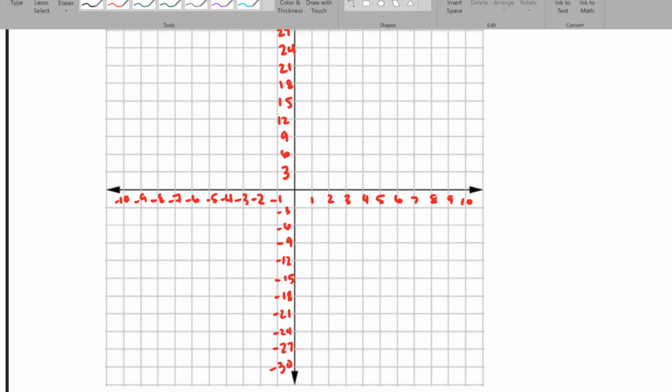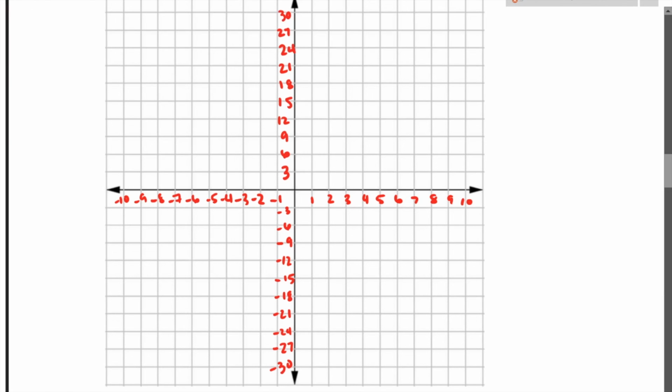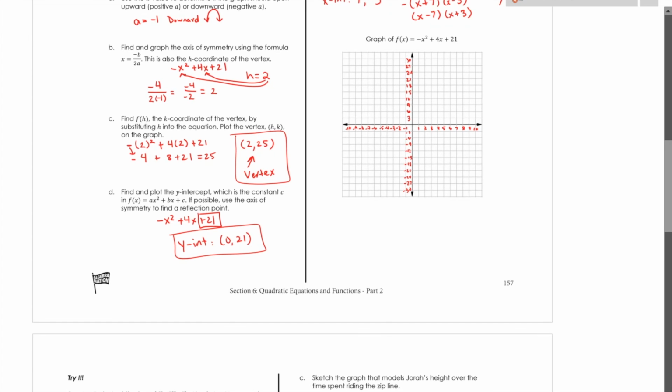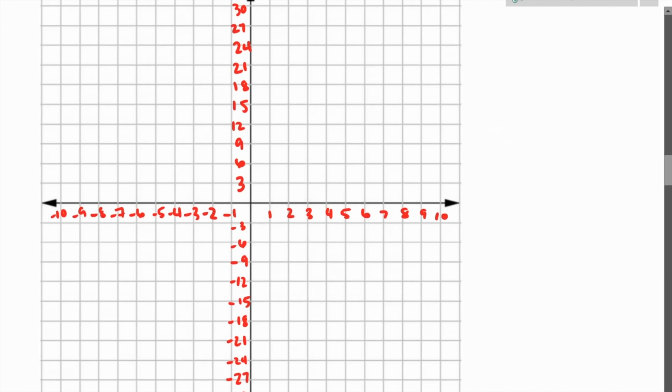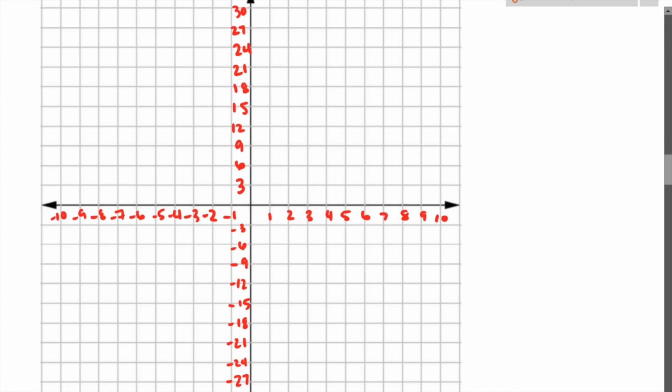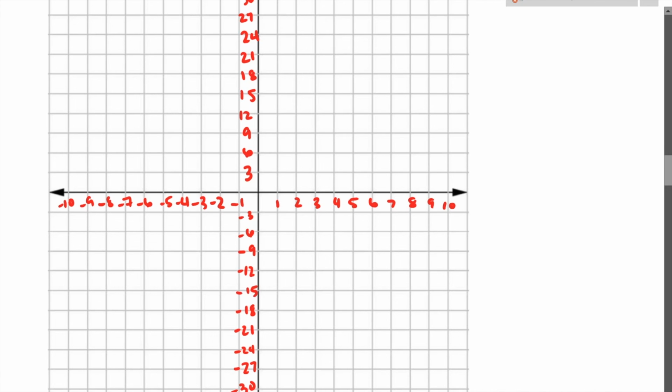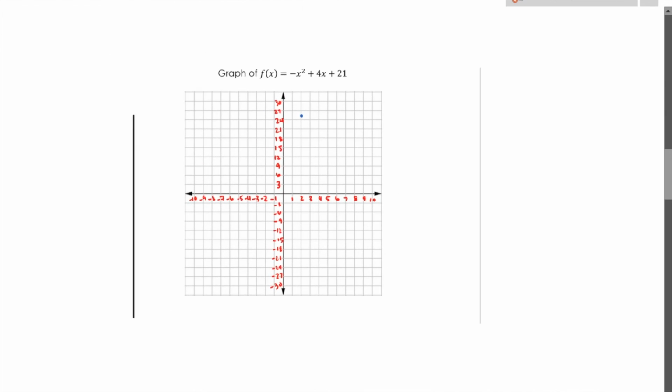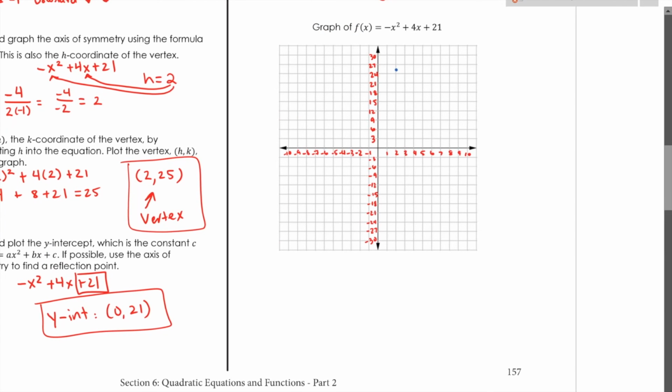Now I plot my points. The first point we're going to plot is that vertex. The vertex was 2, 25. So my x is 2, my y is 25, so that's about right here. The next one is my y-intercept, and that y-intercept is 0, 21.